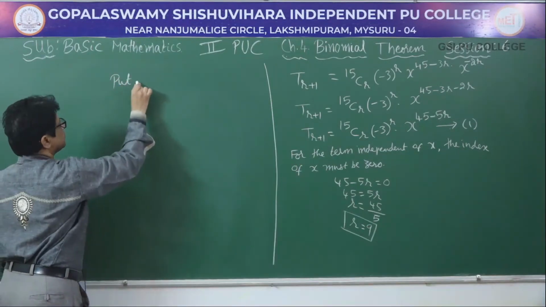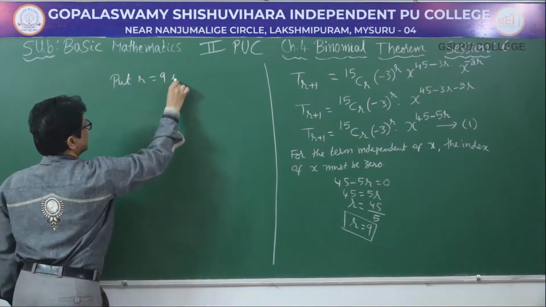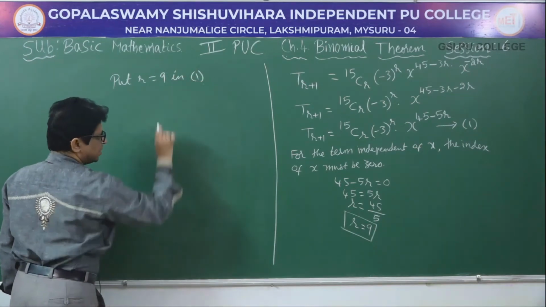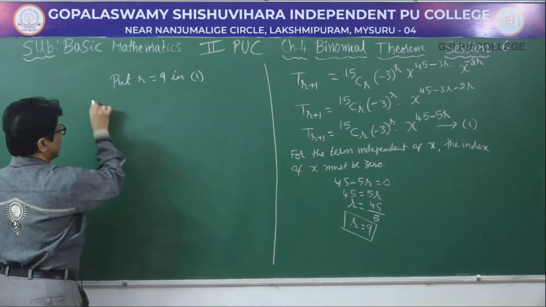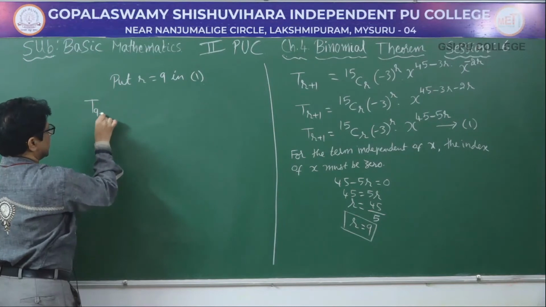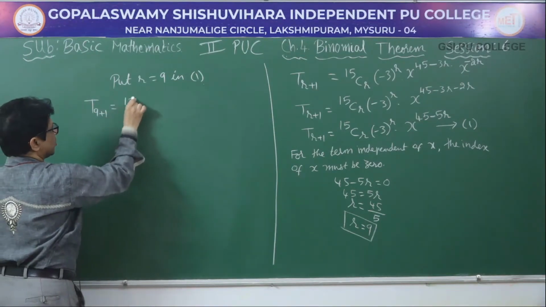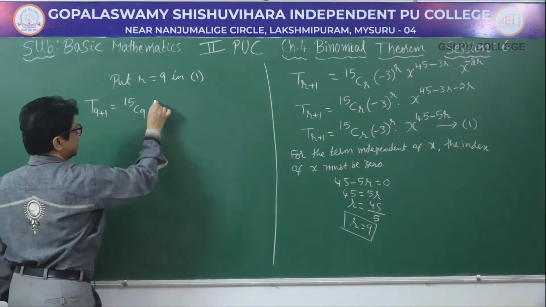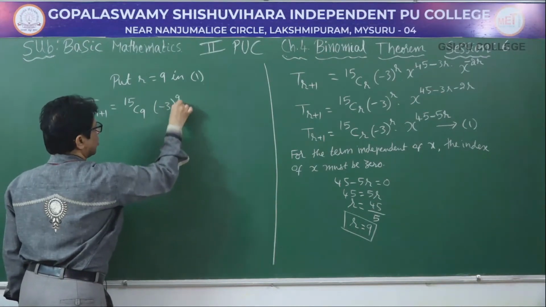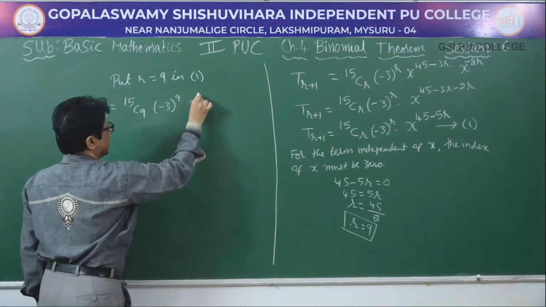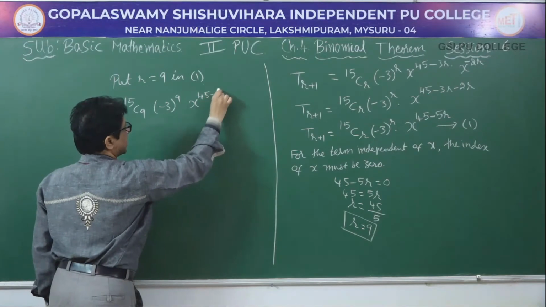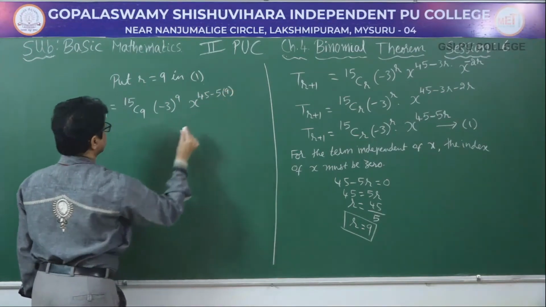Put r equal to 9 in equation 1. Therefore, equation 1 becomes T(9+1) is equal to 15C9 into minus 3 whole power 9 into x power 45 minus 5 into 9.